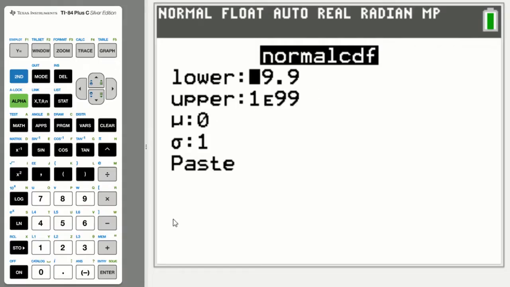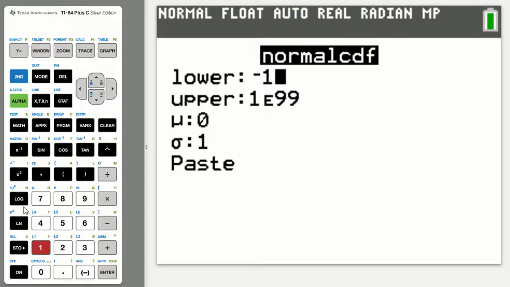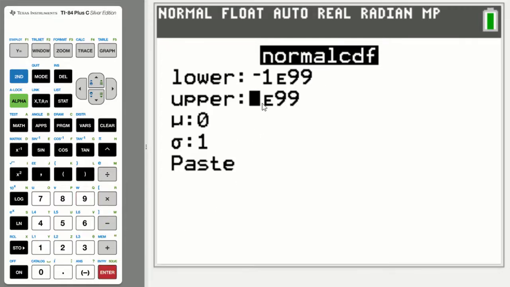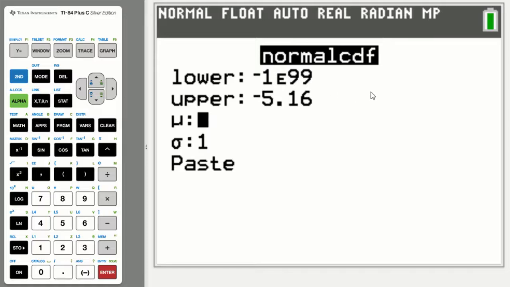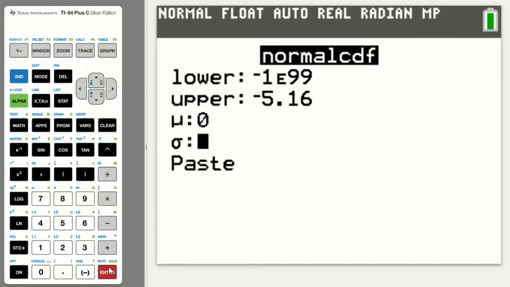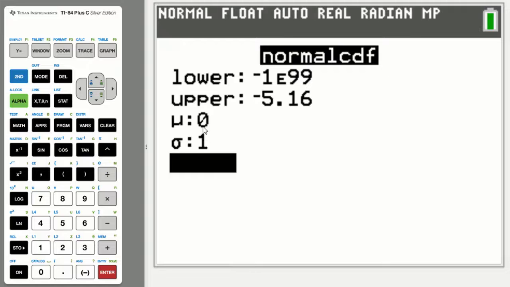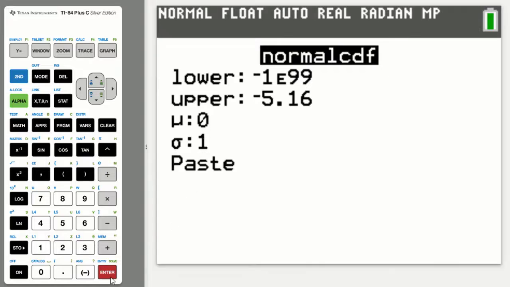The upper end would be at the z-score negative 5.16, and the lower end is indefinite. So we will enter negative 1E99 for the lower end on the normal CDF command. For the upper end, we enter negative 5.16. Anytime I teach my students to use the normal CDF command, we always default mu and sigma to 0 and 1. So here I simply leave those two values unchanged, ready to run the command.